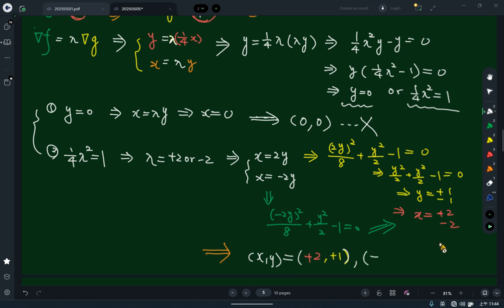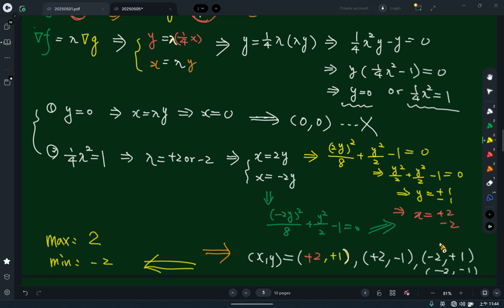And positive 2, negative 1, then negative 2, positive 1, then finally negative 2, negative 1. So 4 points. And for these 4 points, you can compute the maximum value and the minimum value.